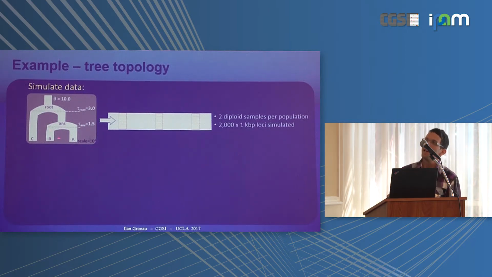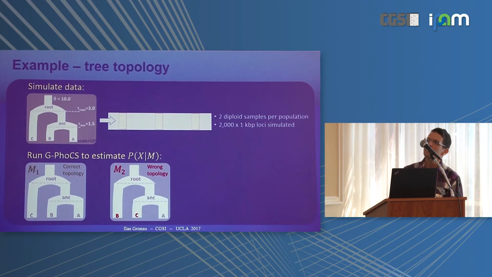In these different cases we wanted to ask whether we could tell a very simple thing that you'd expect would be easy: could we tell whether this data came from a model where A and B were closely related, or whether it came from a model where A and C were closely related?